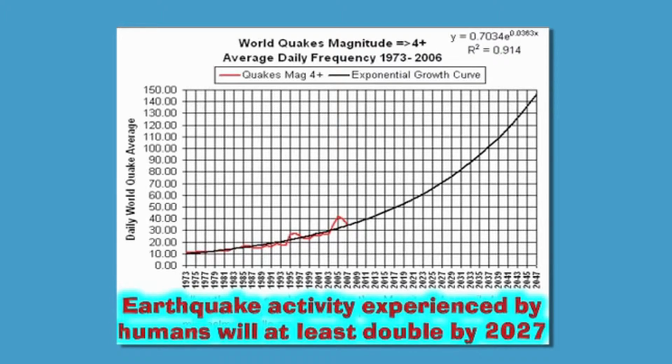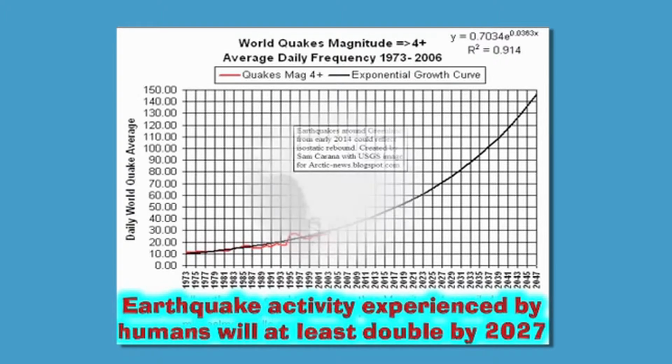And you can tell, too, by looking at this, that the earthquake activity experienced by humans will at least double by 2027. Of course, it's going to be very targeted, but it will double.